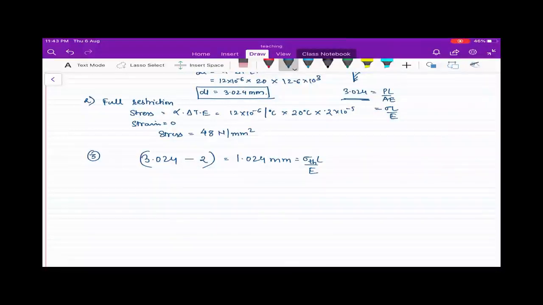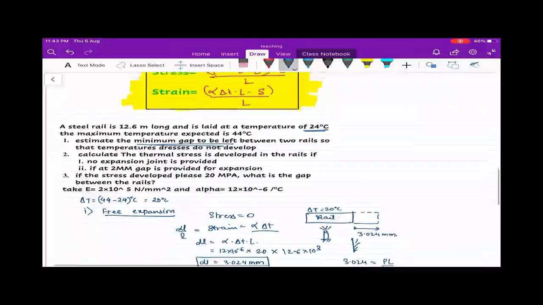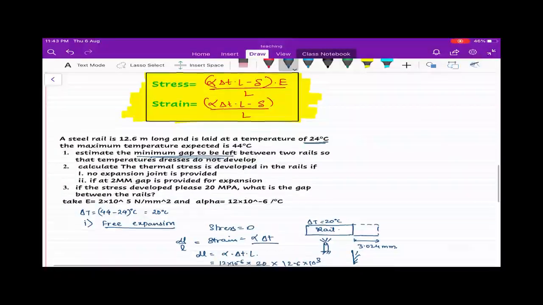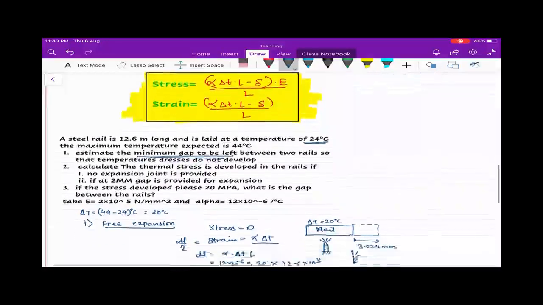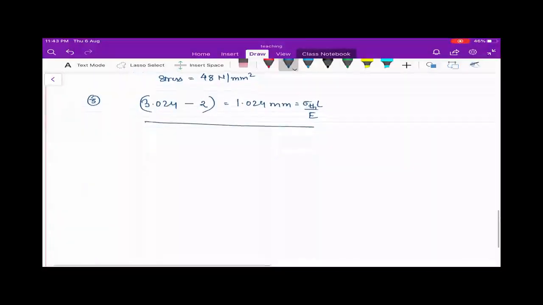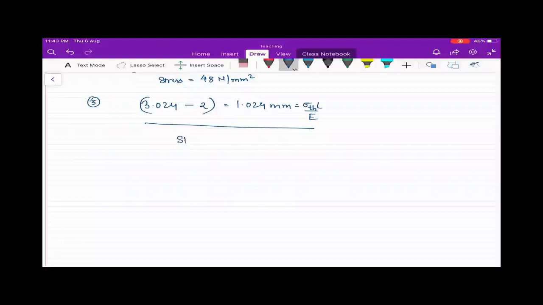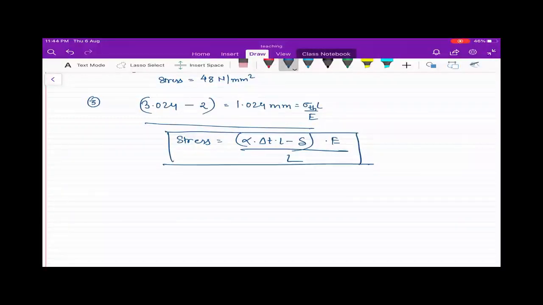Okay? So this thermal stress can be calculated this way, or otherwise we can apply the formula directly, and that formula is nothing but alpha delta T L minus delta into E by L. So stress can be calculated directly. This stress calculation will be alpha into delta T into L minus delta into E by L. So by using this direct formula also, we can solve the problem.